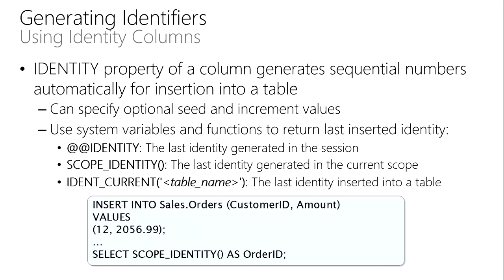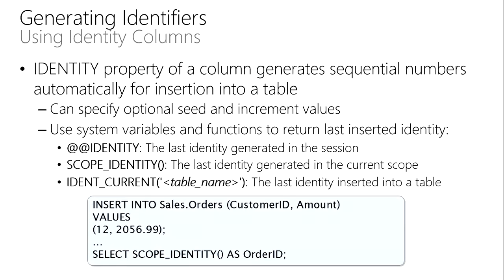To help you with that, there are a bunch of built-in global variables and functions that you can use. And we'll talk about each of those here. There's a global system variable called @@IDENTITY, which gets the last identity value that was generated in the current session. So for this connection, what was the last identity value I generated? Now that might be useful if I'm inserting in an order and getting back the order ID.